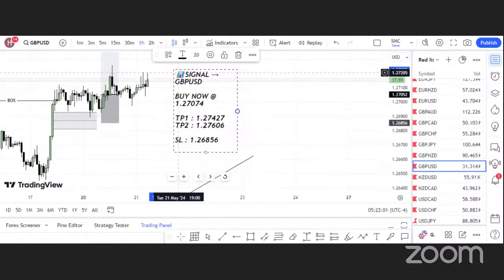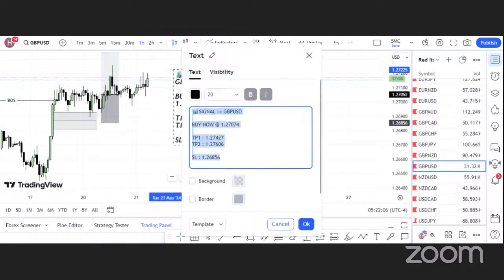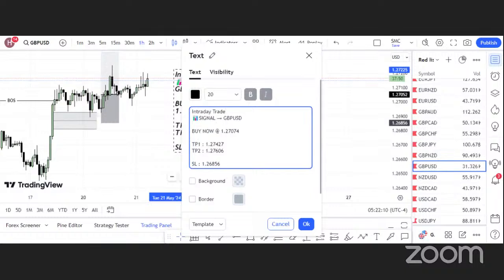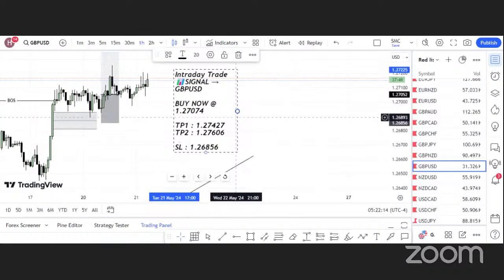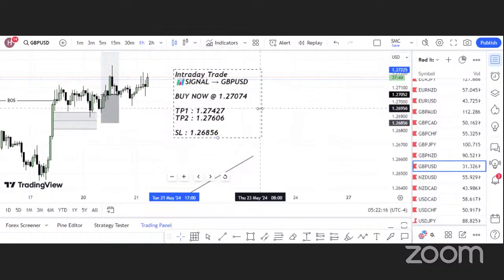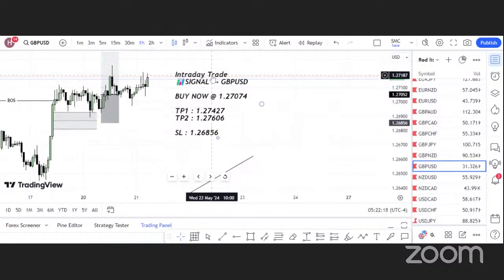So guys, we have three types of signals. Let me use signals instead.